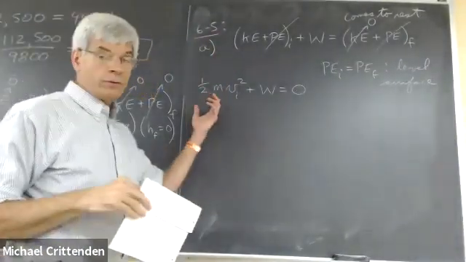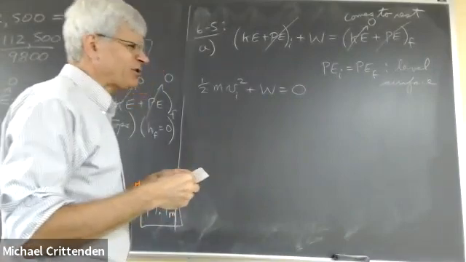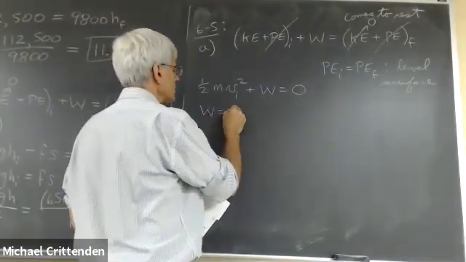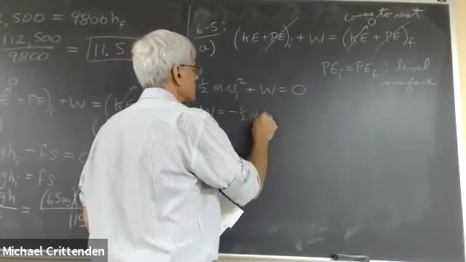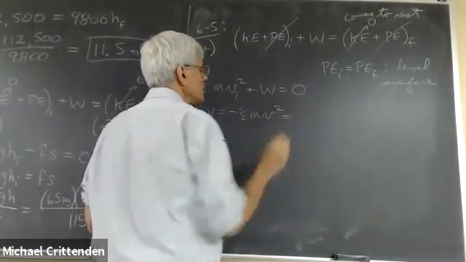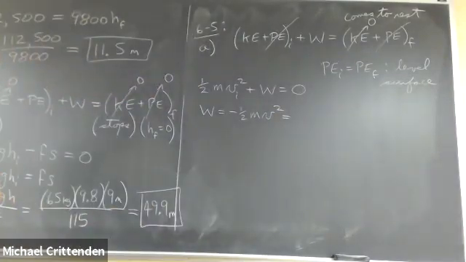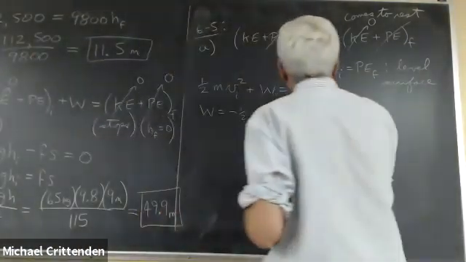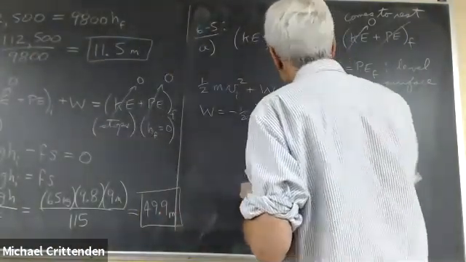Well, it's just going to be equal to 1/2 mv squared. Actually, the negative, to be precise. Not too surprisingly, the work done by friction is going to come out negative. So I subtract that from both sides. It gives me that. And stick in the numbers.